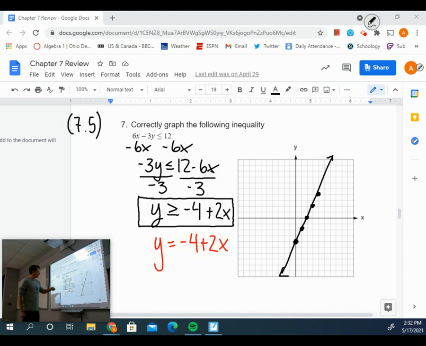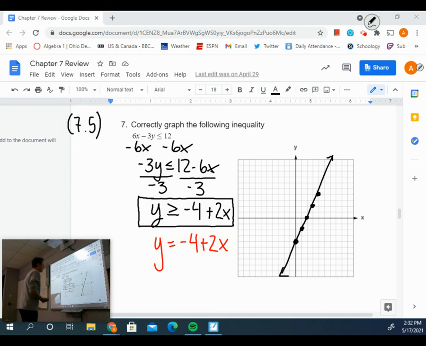If there was not an equal to there, this would not be a solid black line running through the boundary points, but rather a dashed line indicating, hey, the line y equals -4 plus 2x is the boundary, but points on the boundary do not make the inequality true.